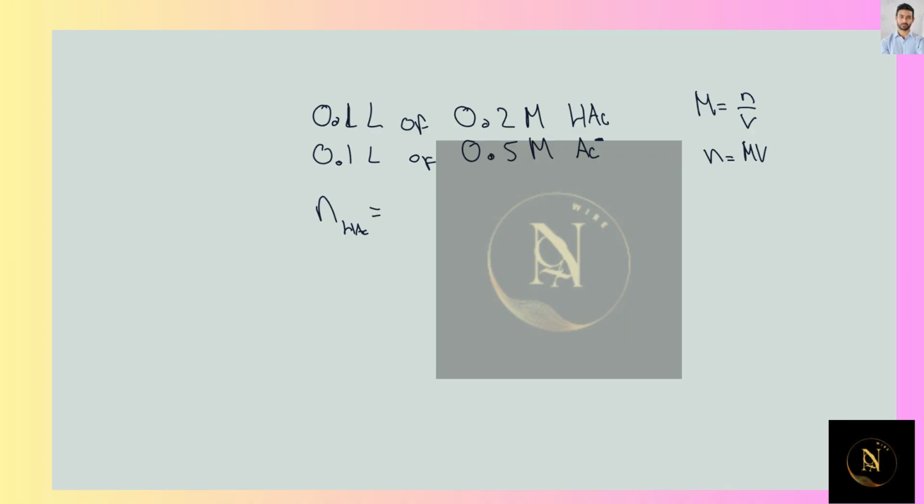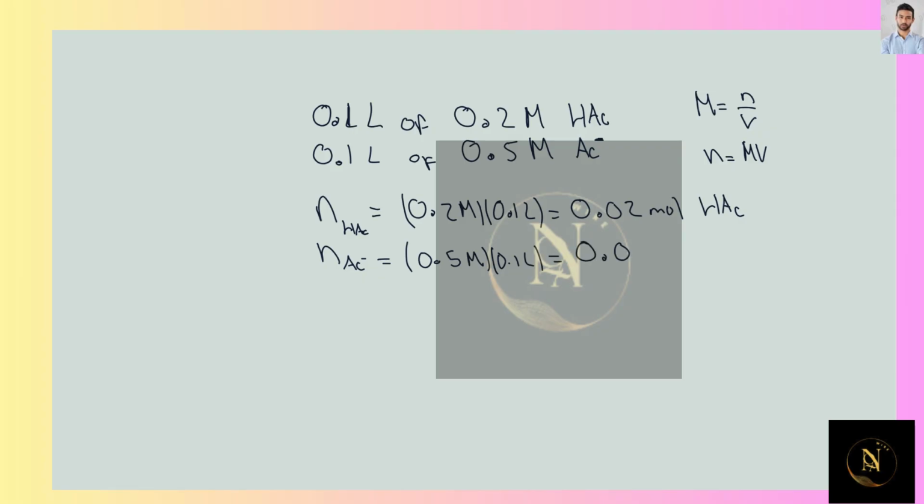The amount of mole that we added of acetic acid will be equal to 0.2 molar times 0.1 liters, which would be 0.02 mole of acetic acid, and the amount of mole that we added of the acetate in our solution, coming from the sodium acetate, will be similarly 0.05 mole of acetate.